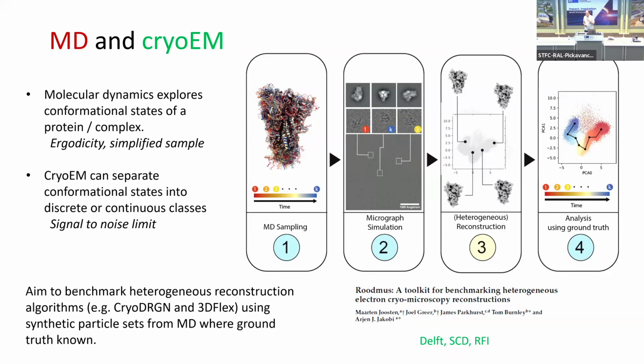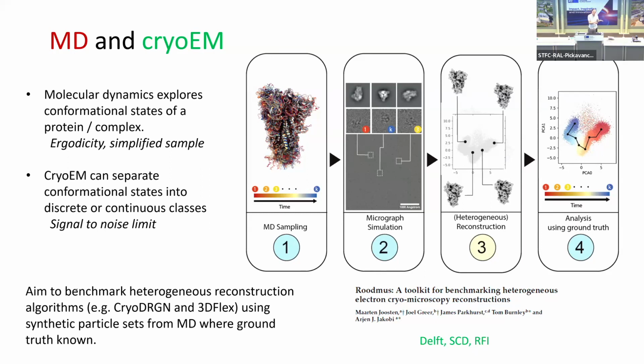Recently, people are working on more continuous variation in the structures, so heterogeneous reconstruction algorithms, things like cryoDRGN that some of you may know. So cryo-EM in principle gives you a snapshot of the motions of a protein.